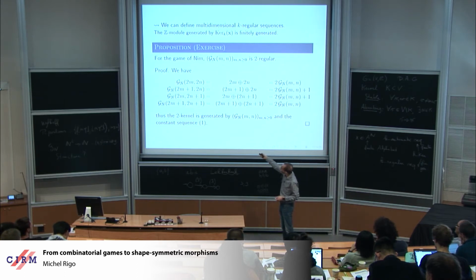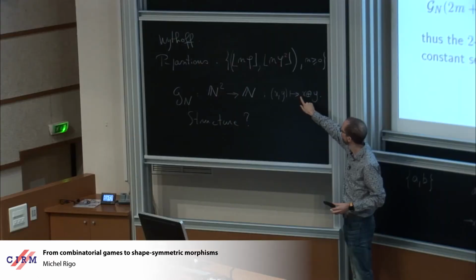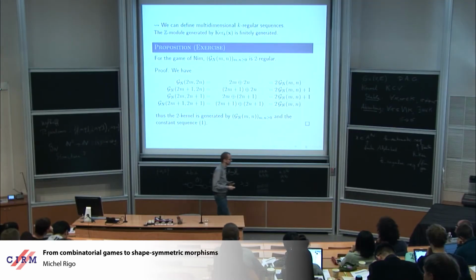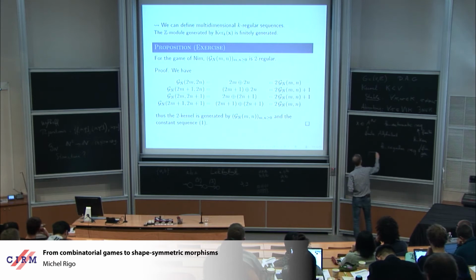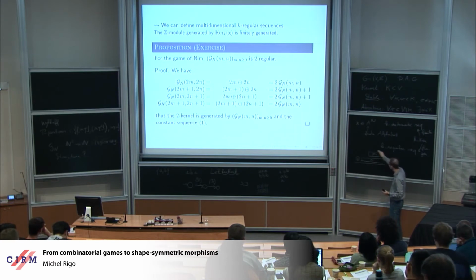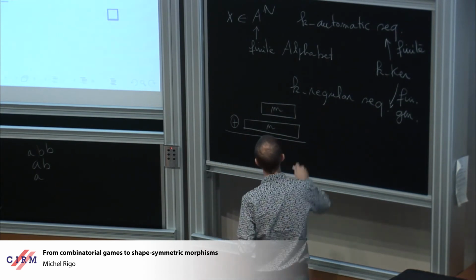What can I say about the Grundy value of 2m, 2n? You will say, okay, I know that this is just the Nim-sum of 2m and 2n, right? So you write m, a number written in base 2, you write n, you do the Nim-sum of these two numbers, right? But here I ask you, what is the Nim-sum of 2m and 2n?